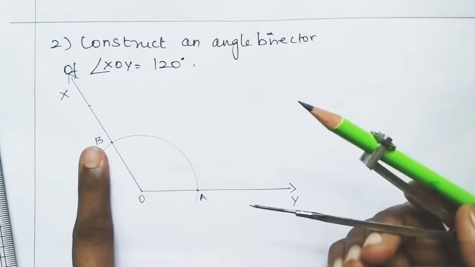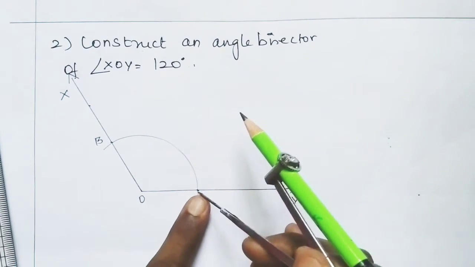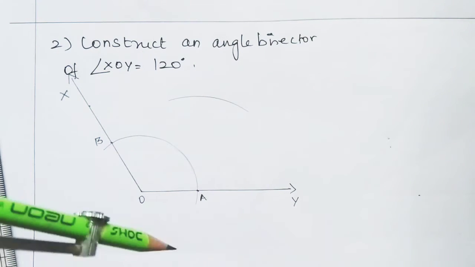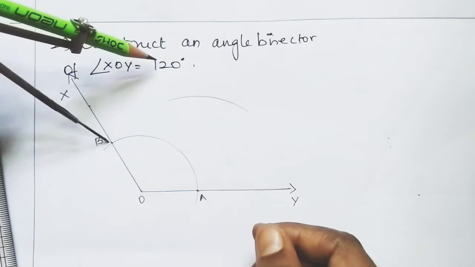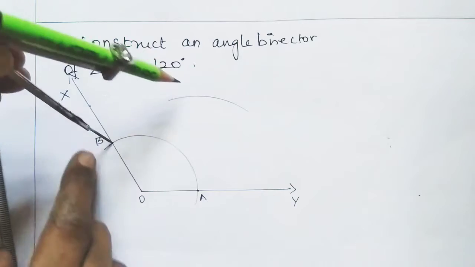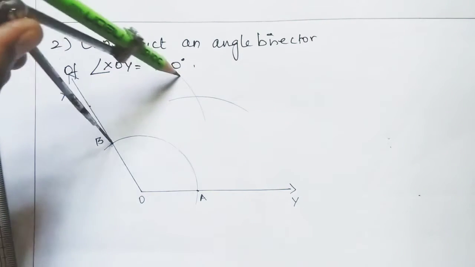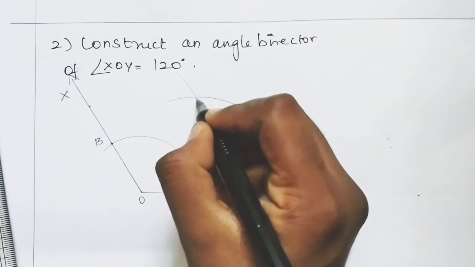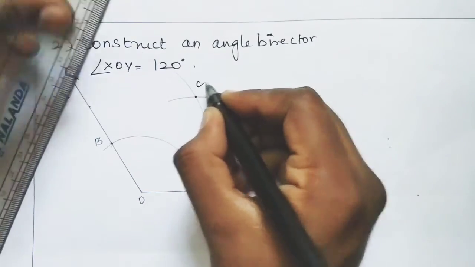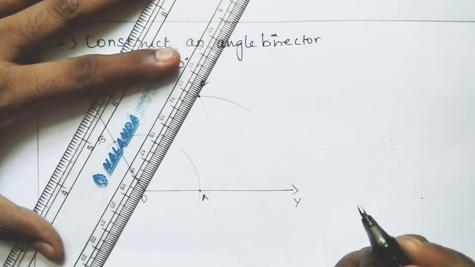With A and B as centers, draw arcs. See, like this. Then with B as center, with the same radius, you should not change the radius, okay? Draw an arc. We got the intersection point. You can mark it as C. Now join OC.